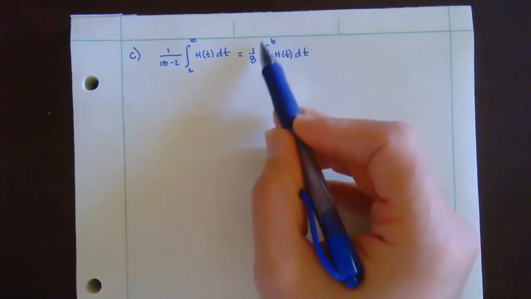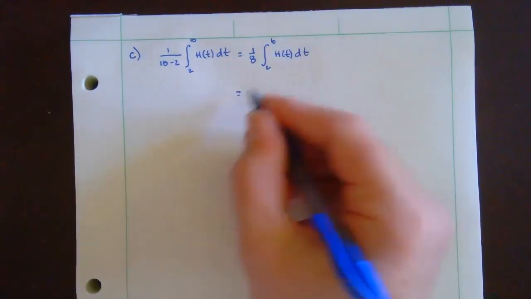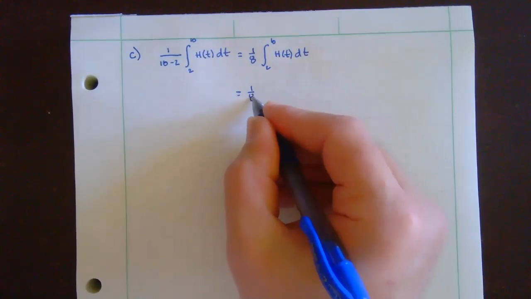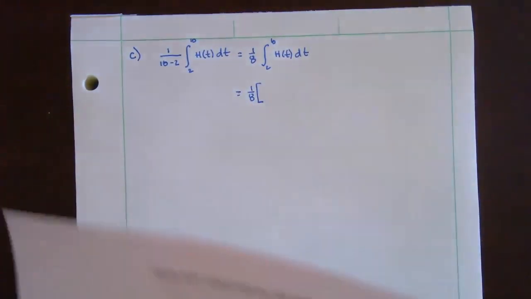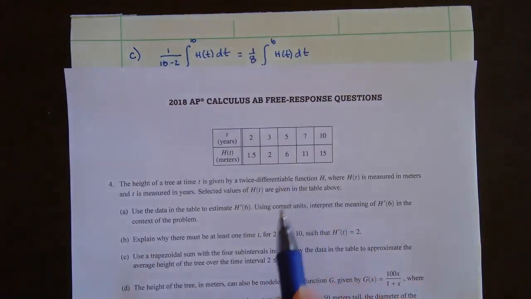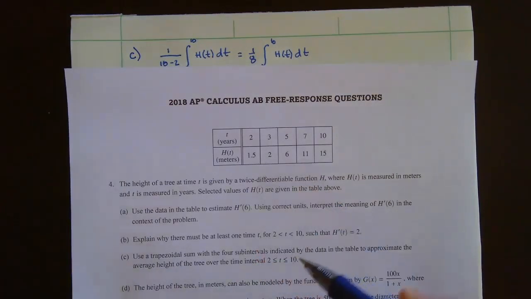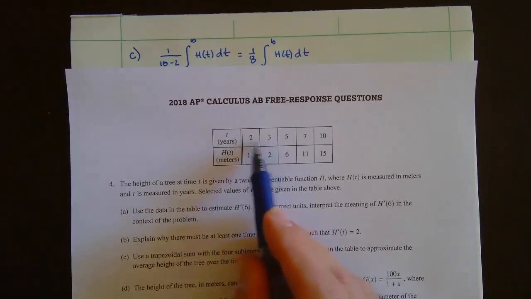And now we're going to use a trapezoidal sum to do that integral. So this is 1/8 and then bracket, and then the trapezoidal sum. Remember, it's 1/2 the height times the sum of the two parallel bases. My height is my delta x.